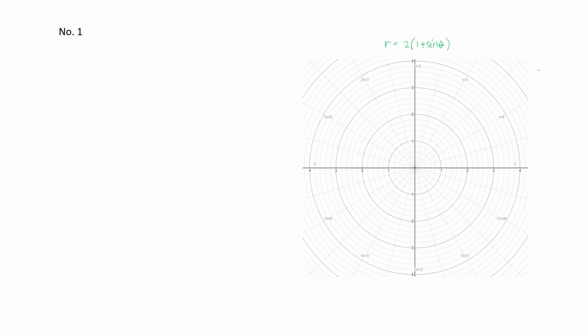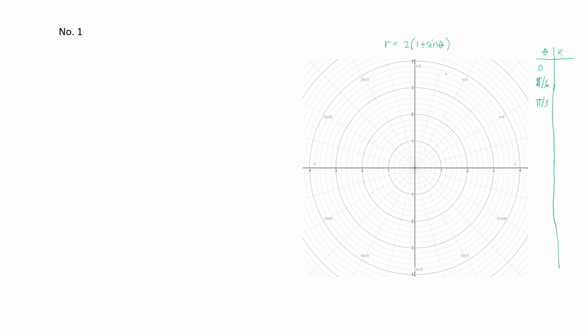Okay, so for the tabular method in your calculator, let me write the table here first so that we can verify the answer directly. Starting from 0 to, let's say, pi over 6, pi over 3.